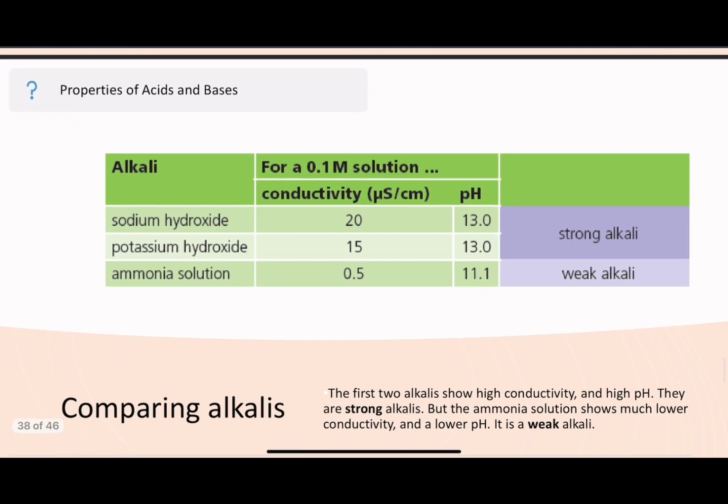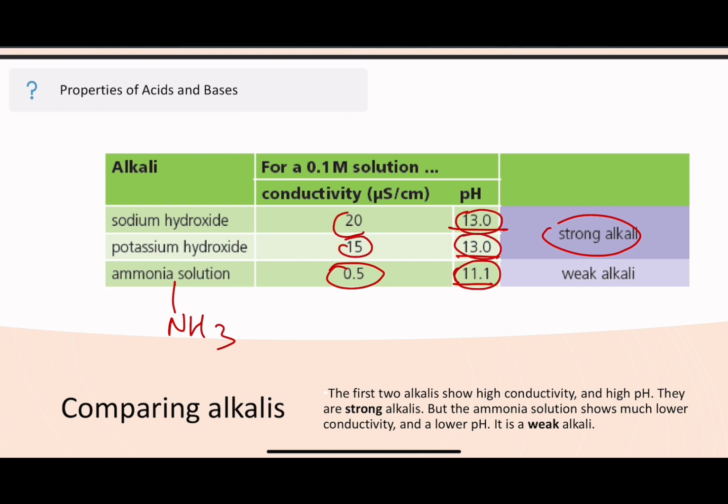Now, properties of bases. Bases will have a higher pH, the strong ones, and ammonia solution is the weak one. As you see, the weaker ones have a lower value, closer to acids, which is why the conductivity is lower, while the strong ones have a higher pH and higher conductivity value.